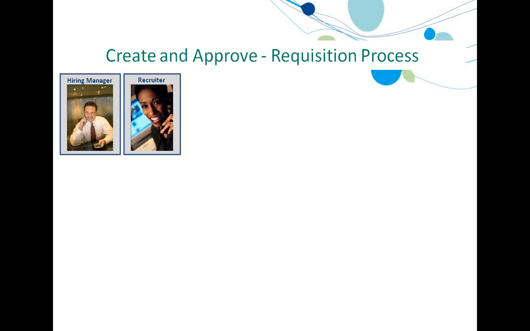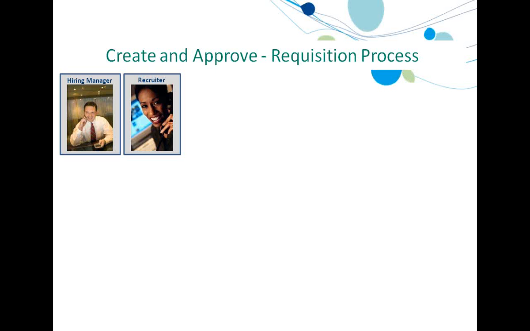It can either be created from scratch, so the recruiter or the hiring manager fills out absolutely everything about this requisition. You could copy from an existing requisition, maybe one you've closed, and then make some edits and change some items. Or you could use a template, and I think this is one of the most popular features of the system, and our users really like this.